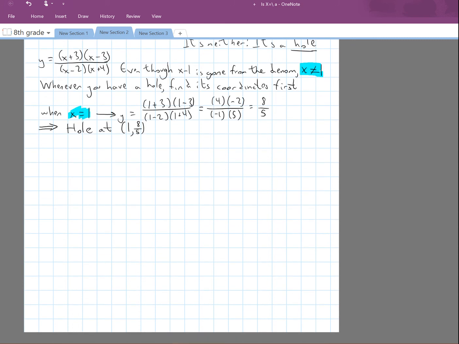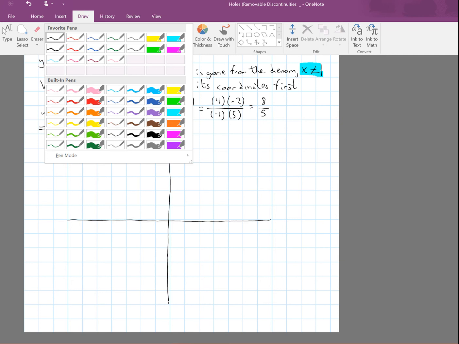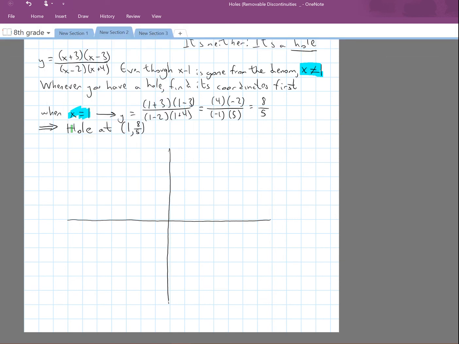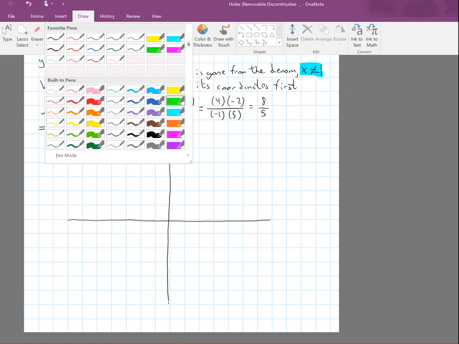So we're actually going to graph that before we do anything. Let me pick a good color. And here, I want to pick something that has like a color it can be paired with. Okay. Here is how we graph a hole. We're going to make it an open circle like we sort of did for those inequalities.